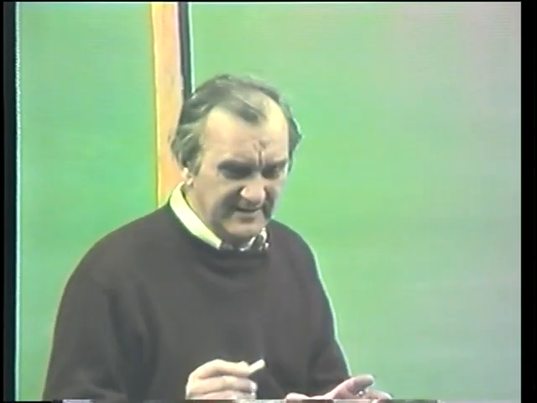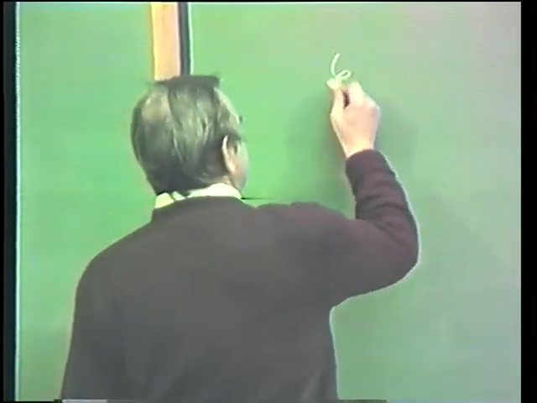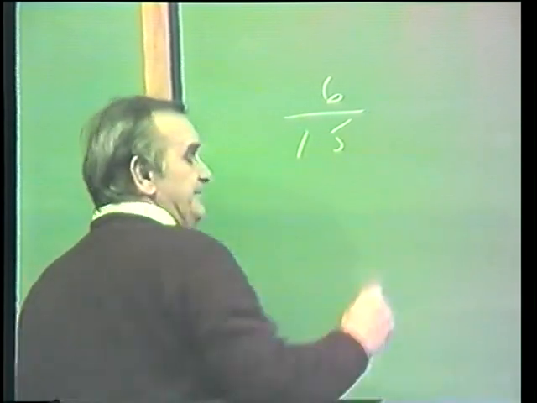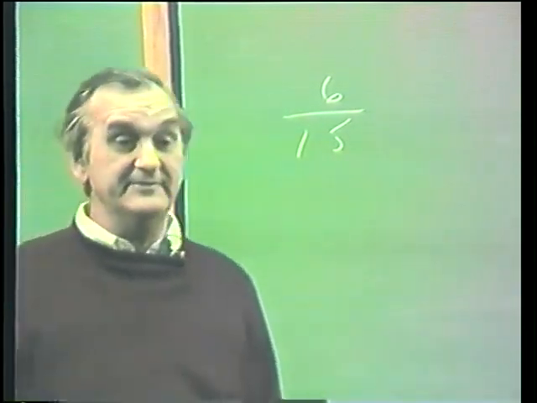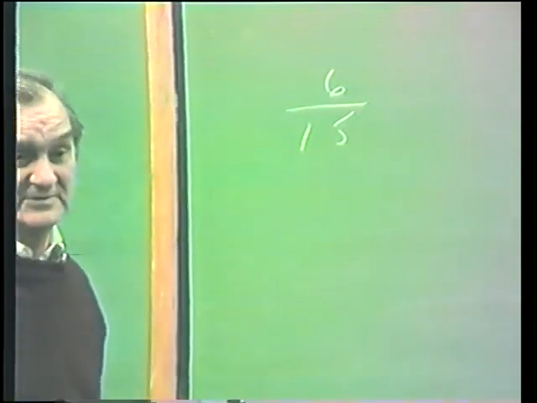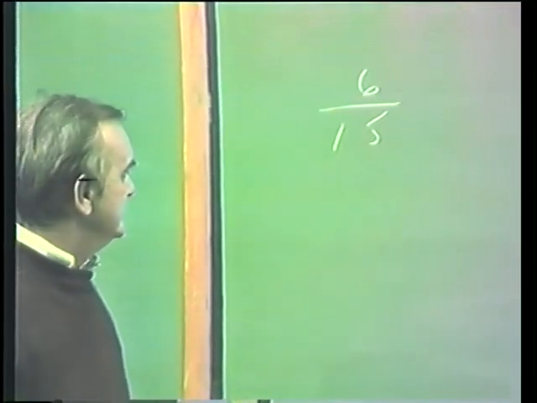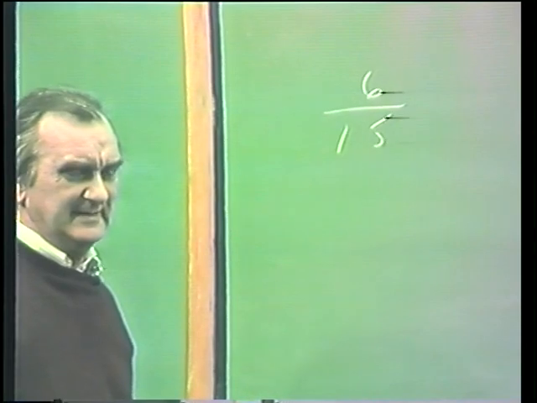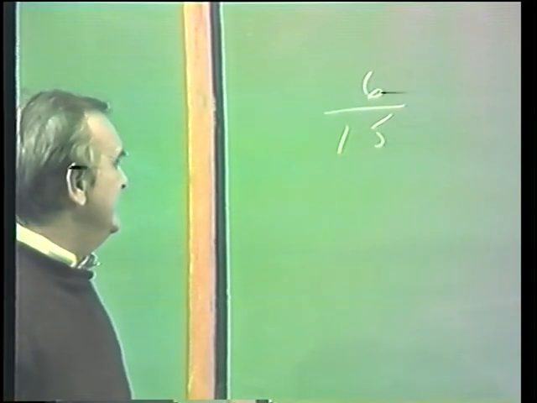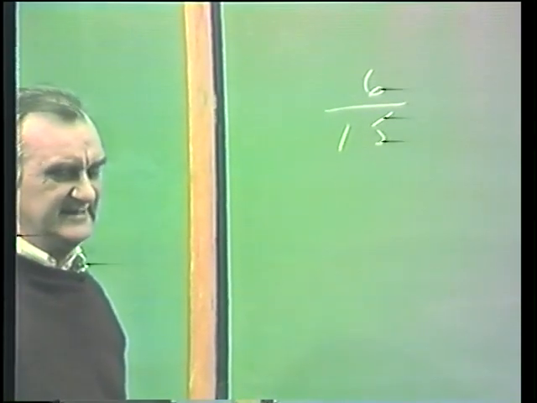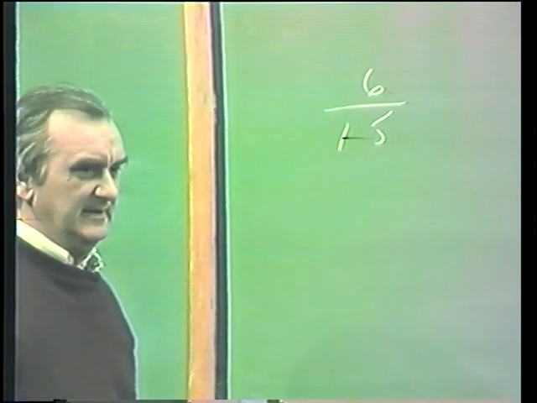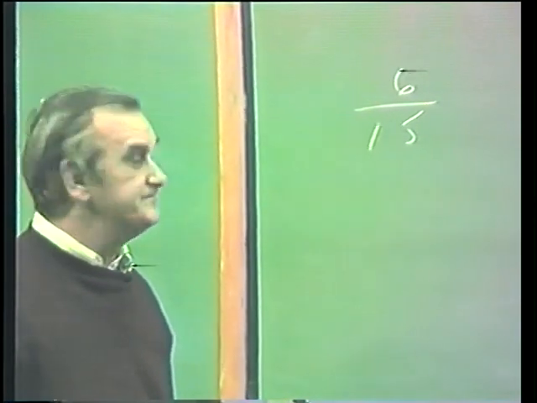So let's take a look at an arithmetic problem, and let's see what happens. Then you'll understand what happens in any algebra problem, because algebra is just an extension of arithmetic. 6/15. I'd like to simplify this fraction. 6/15. What is it? 3/5?